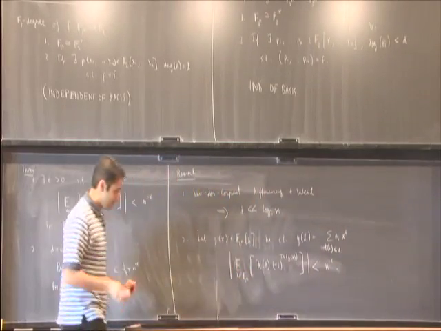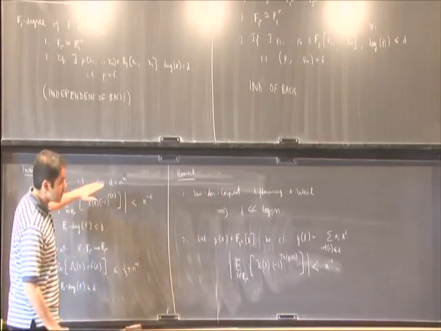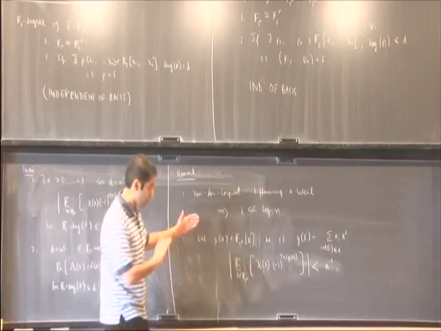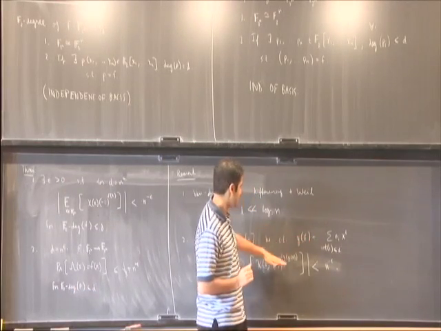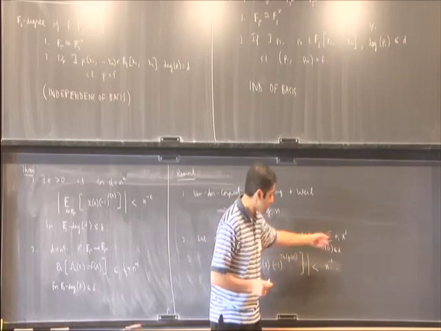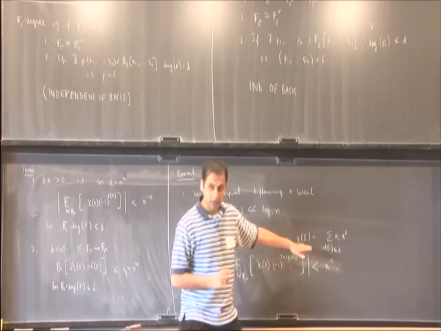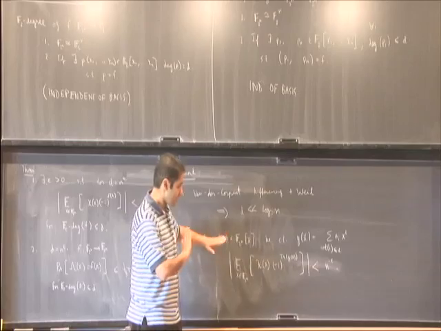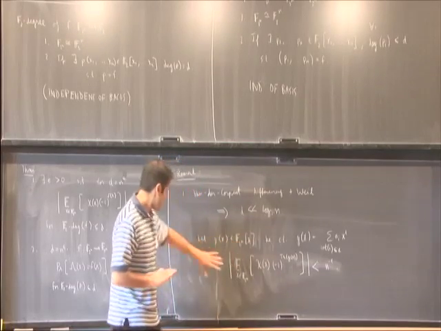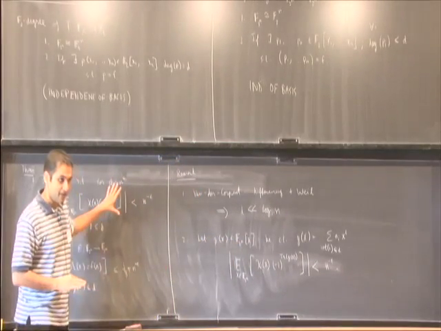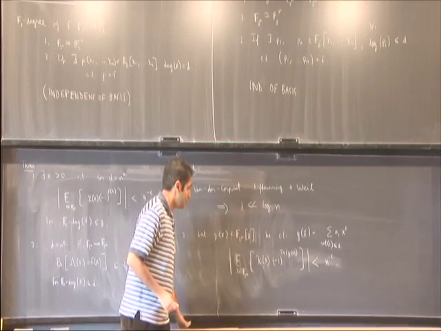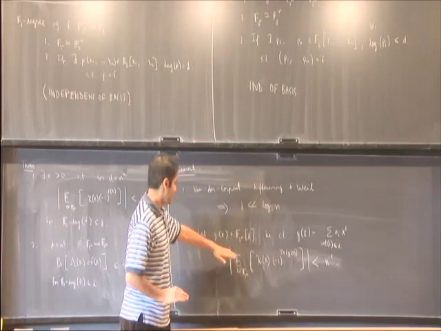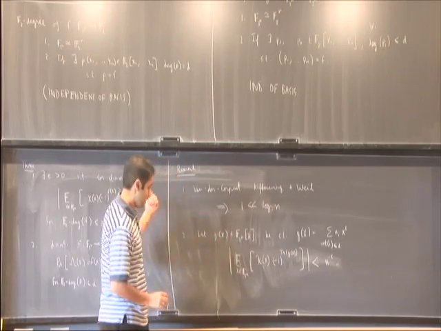Effectively, functions of F2 degree d are exactly functions that can be written in the form trace of g of x, where g is a function of this kind. So this is just a reformulation of this statement.